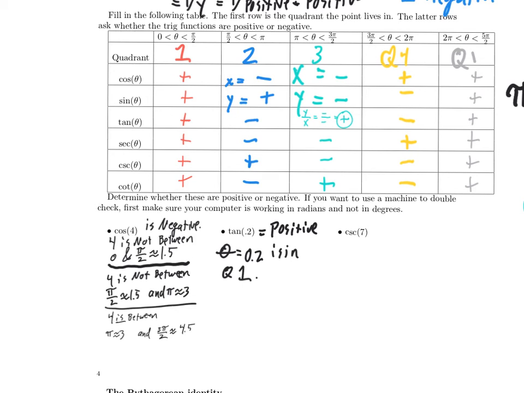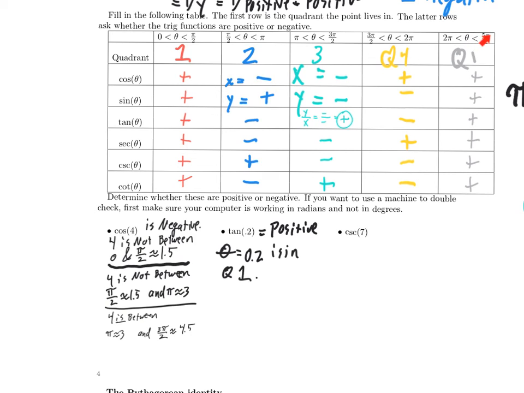Cosecant of 7. So let's play the same game, and we'll play it saying words out loud without writing. Is 7 between 0 and pi over 2? No, it's not. Pi over 2 is 1.5. 7 is too big. 7 is not less than pi, because pi is like 3 and some change. 3 pi over 2, that's 4.5-ish. 2 pi is 6-ish. 5 pi over 2, that's 5 times something that's 3.